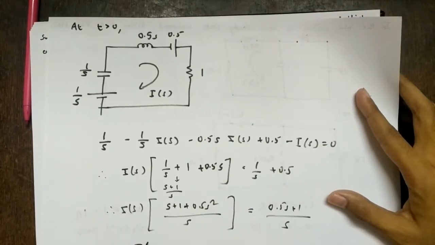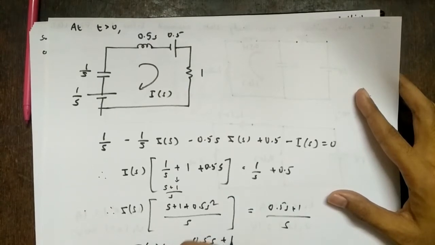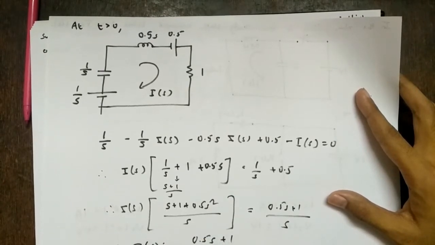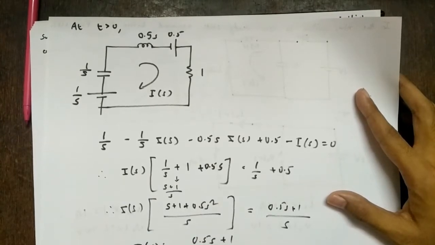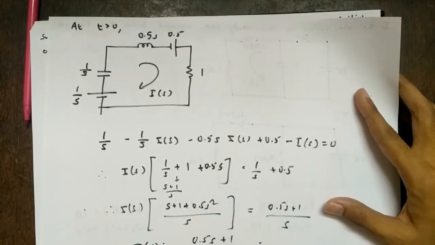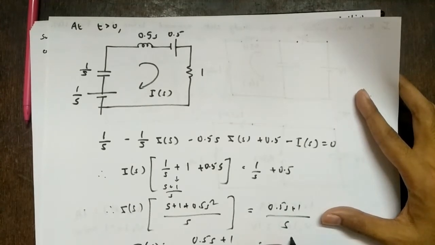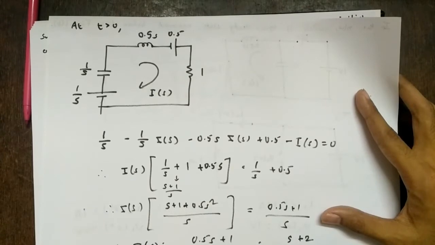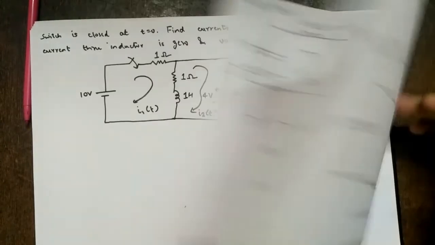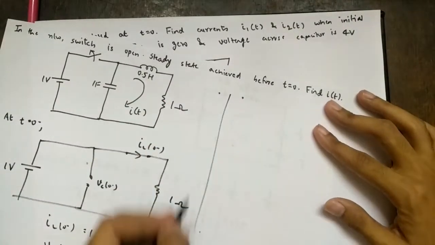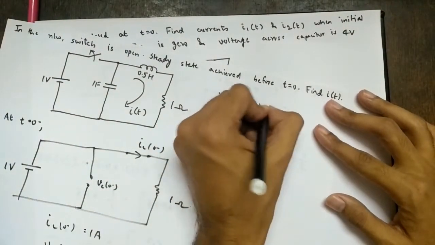Therefore I of s equals 0.5 s plus 1, the s will get cancelled, upon 0.5 s square plus s plus 1. So multiply by 2 because I want the coefficient as 1. So s plus 2 upon s square plus 2s plus 2. Right? So I'll use this part. I of s is s plus 2 upon s square plus 2s plus 2.